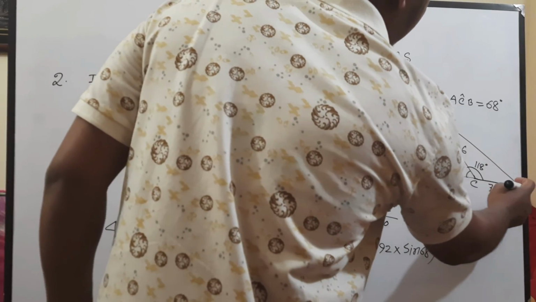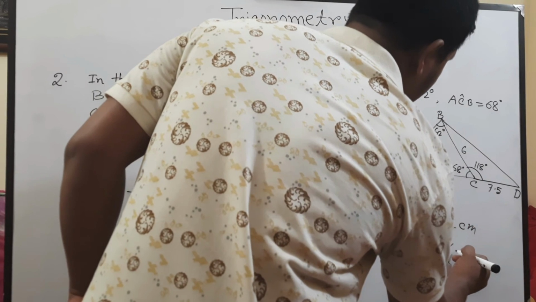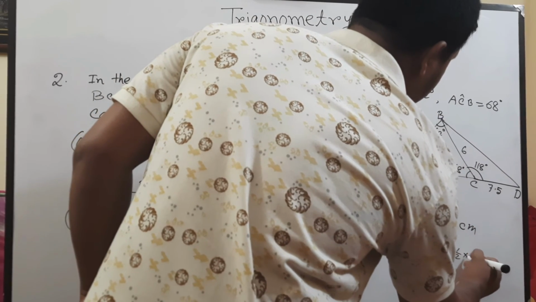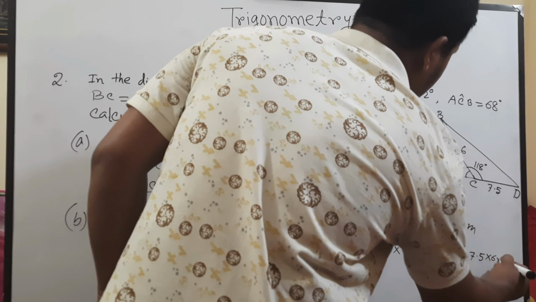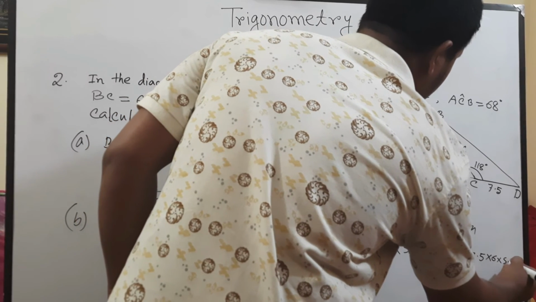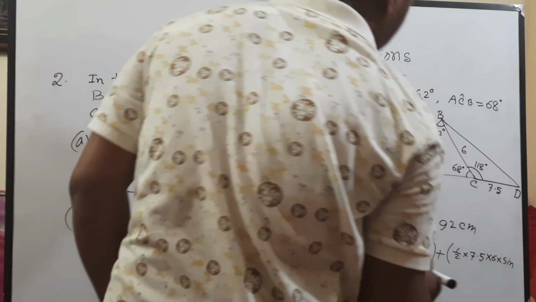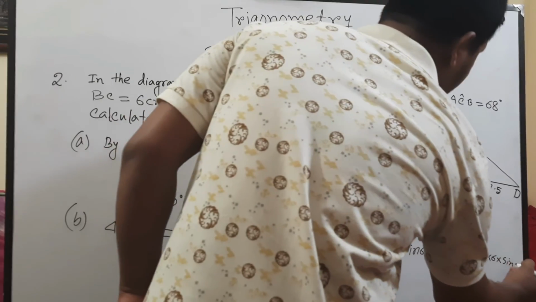So here for finding the area of this triangle, half into 7.5 multiply 6 multiply sine 118 degree.